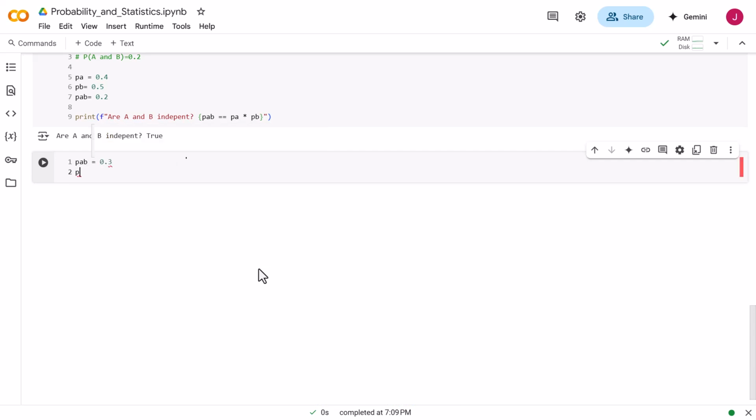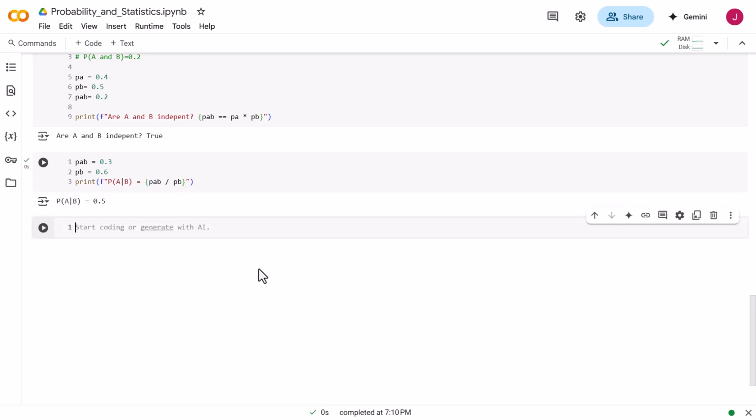And if P(B) is equal to 0.6, then I will print P(A given B), which equals P(A and B) divided by P(B), right? 0.5. So it is simply probability of A given B is equal to probability of A and B divided by probability of B.